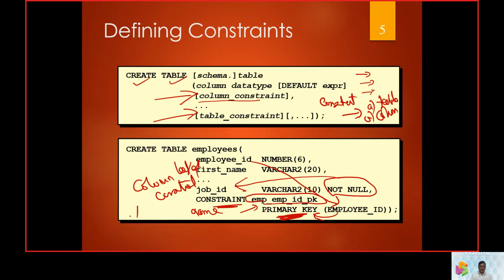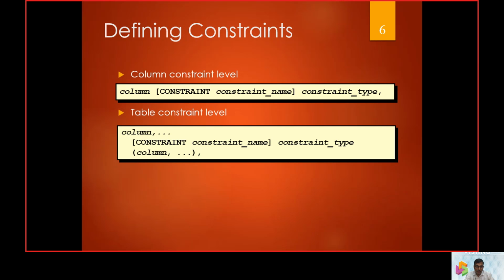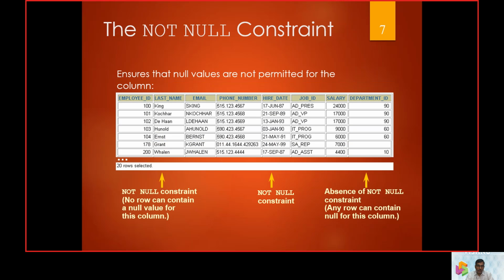Now this is what we call a table level constraint. So one, we call column level. Another, we call table level. When it is defined towards a table, we call it a table level constraint. When it is taken up towards a column, it is a column level constraint.